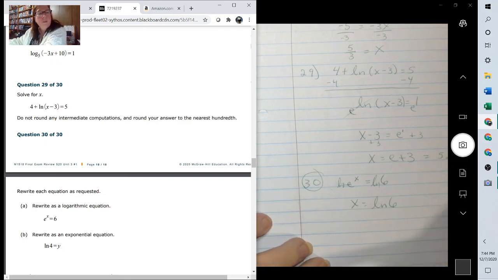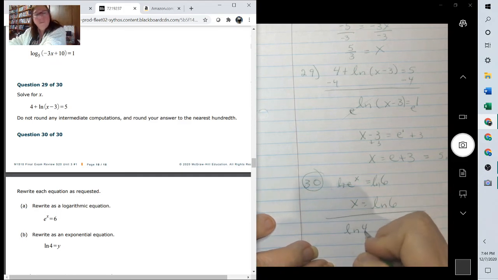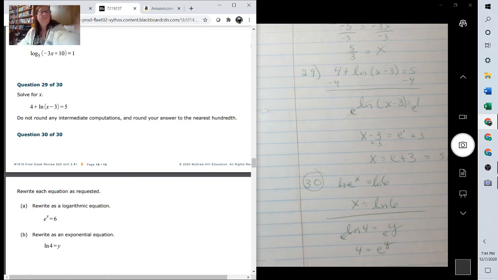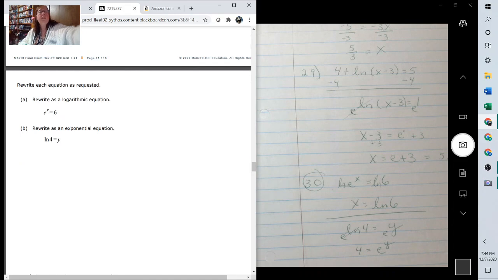And the same thing when you have the natural log. Natural log of 4 equals y. To write it in exponential form, just take e of both sides. 4 equals e to the y. I think that's it. Yep, 30 of 30.